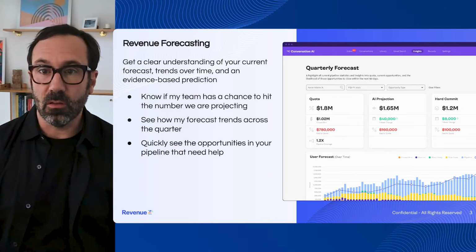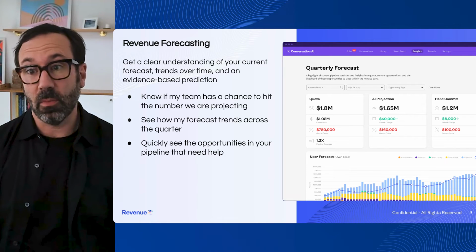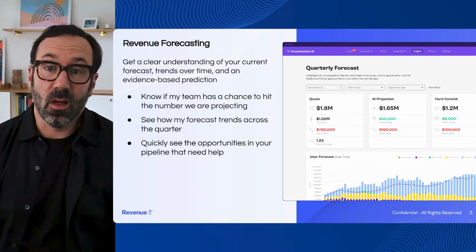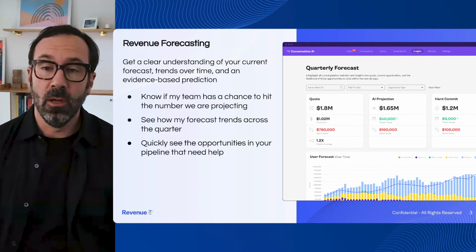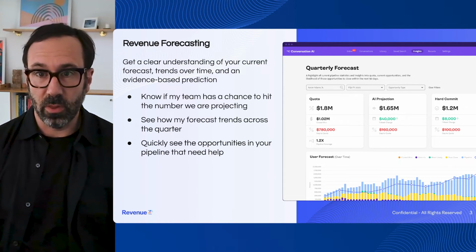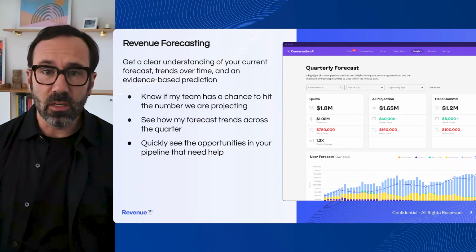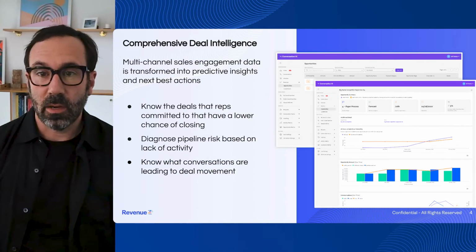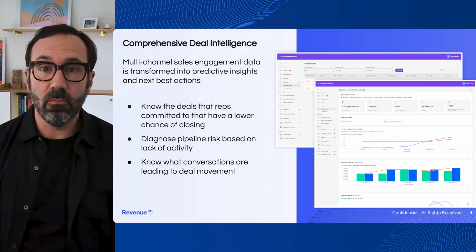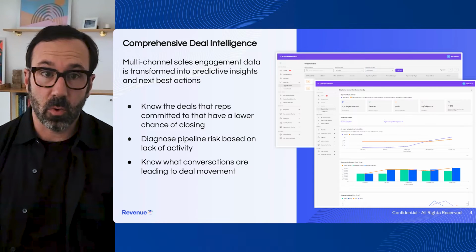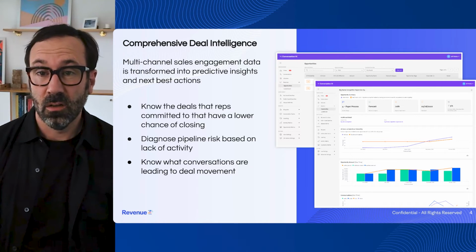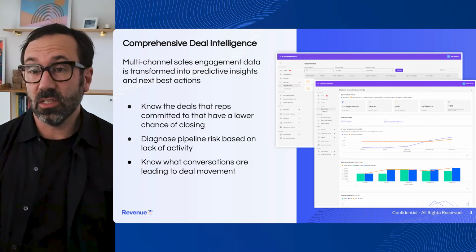Do I have the right amount of pipeline coverage to get to my number based off of historic wins and losses? How can I quickly understand the opportunities that need help? With our forecasting tools within Conversation AI, you have a clear picture into your number. And at an individual deal level, we have more insights available to take action. Here, clearly, I can see opportunities where reps have committed to a higher number than we're actually seeing.